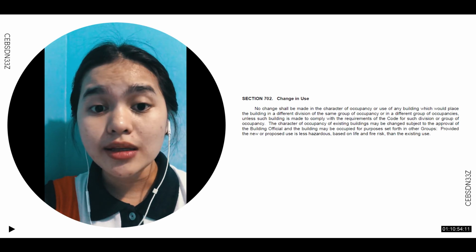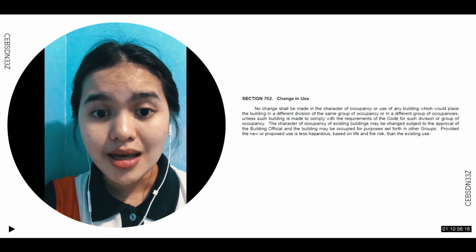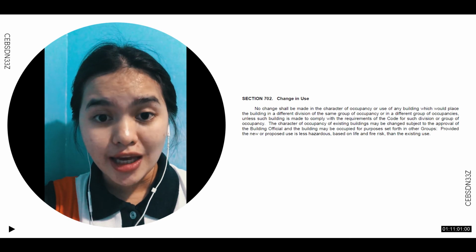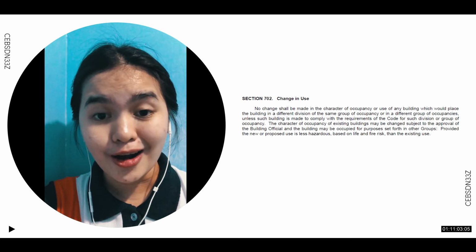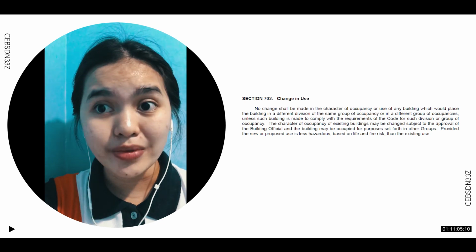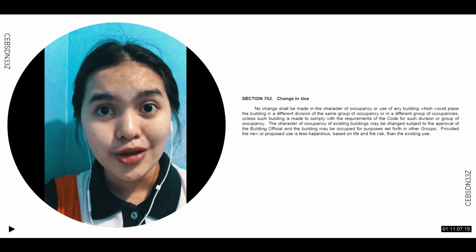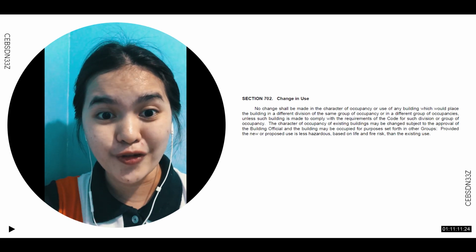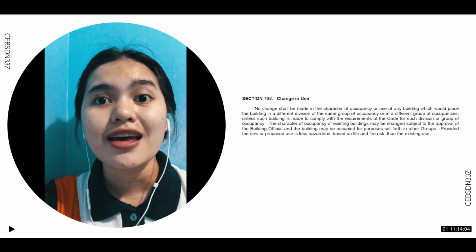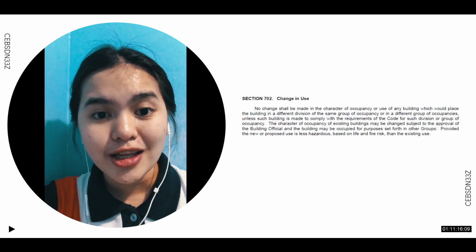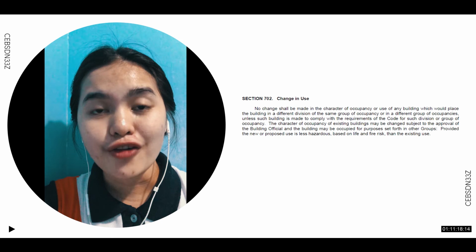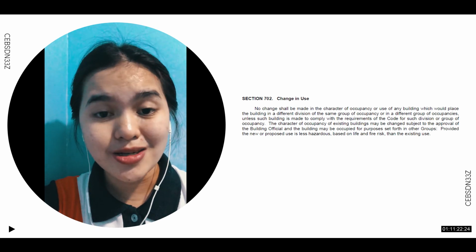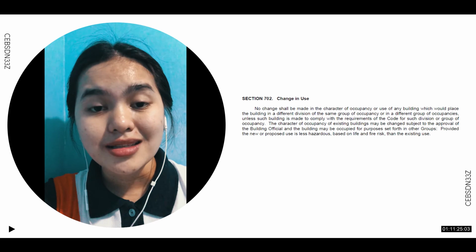However, if the building will comply with the requirements of such division, it may change its character of occupancy, then the building can be occupied for its new proposed use given that it is subject to approval by the building official. However, it should be under the consideration of life and fire risk and should be less hazardous than its existing use.